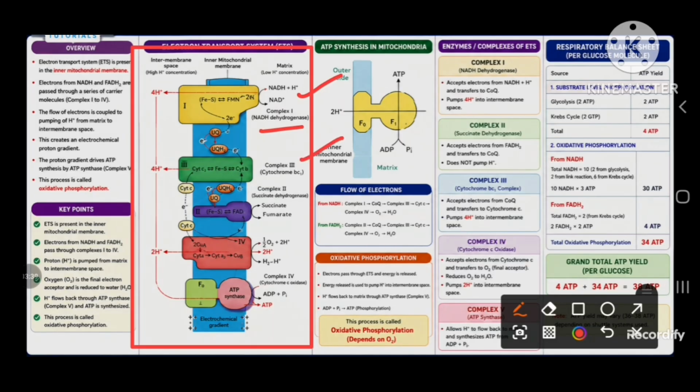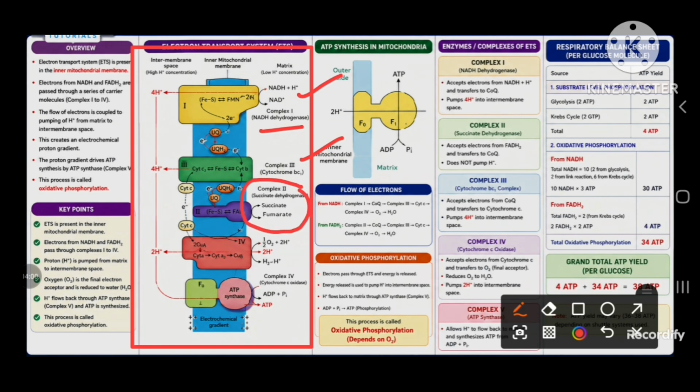After complex number 1, NADH dehydrogenase, complex number 3 occurs, which is known as cytochrome BC1.